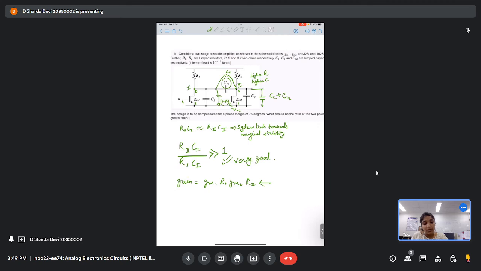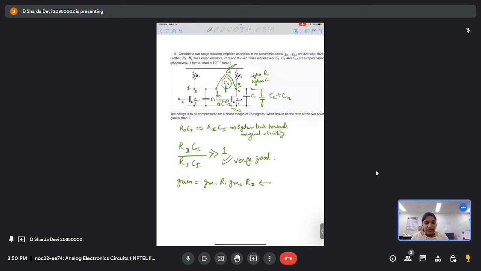Now this capacitance is something which we have external access to, so you can basically control it. This is known as the compensation capacitance. We can simply tune this capacitance and adjust the values for these poles at these two nodes so that our poles are far apart from one another.